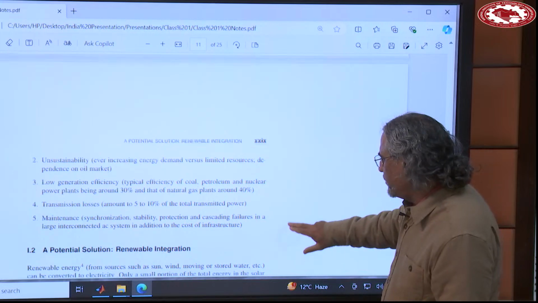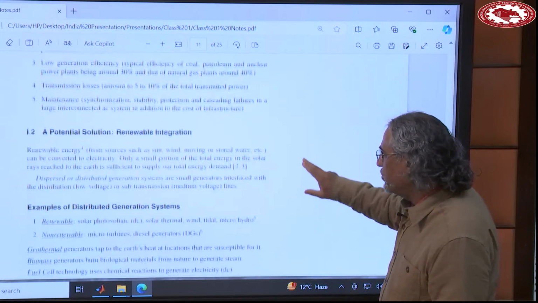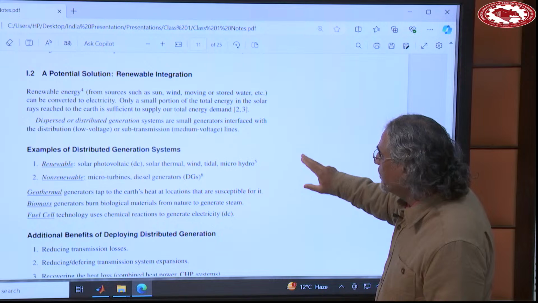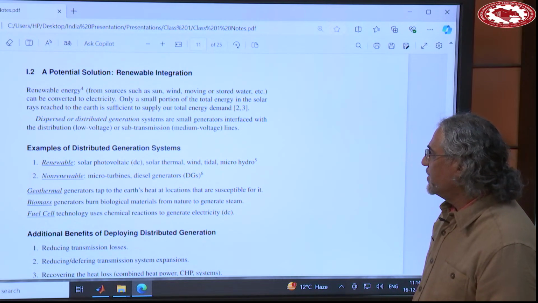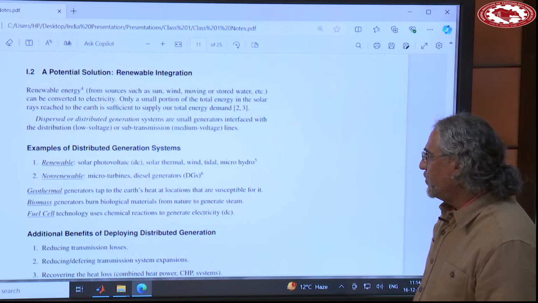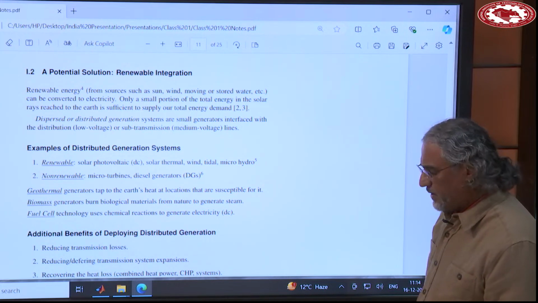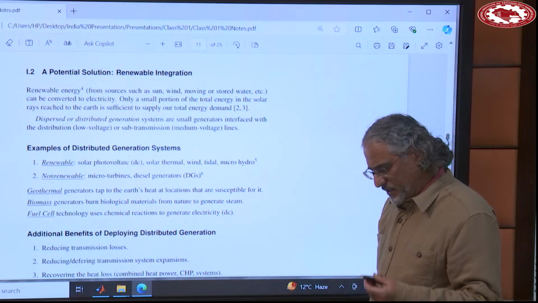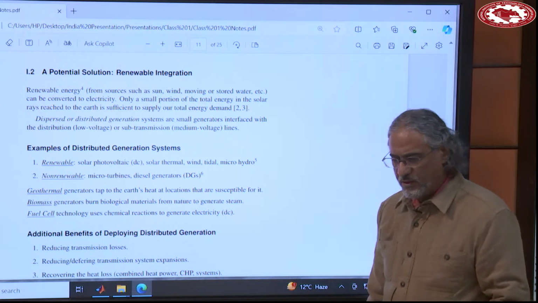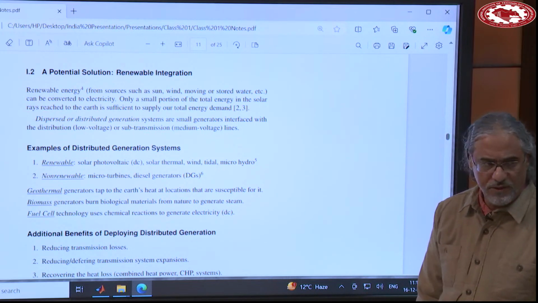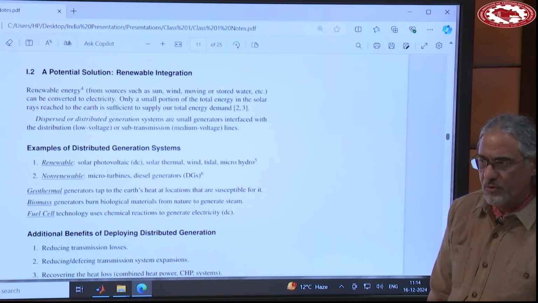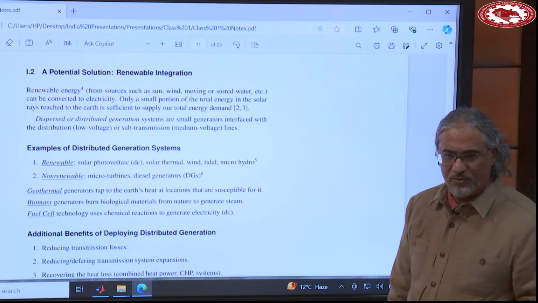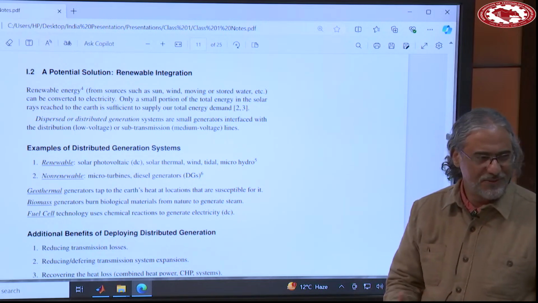What is a potential solution, related to what we would like to talk about in this course, is using renewable generation. Renewable energy is energy that is renewed naturally on a human time scale. Because if you don't consider this definition, everything is renewable.